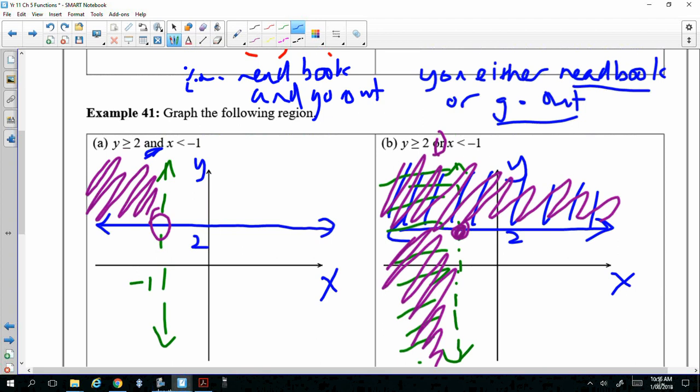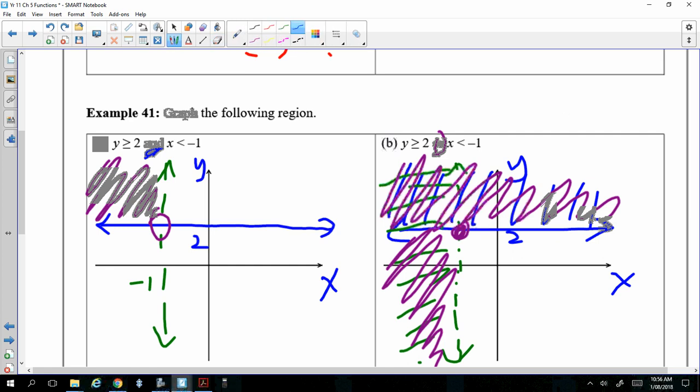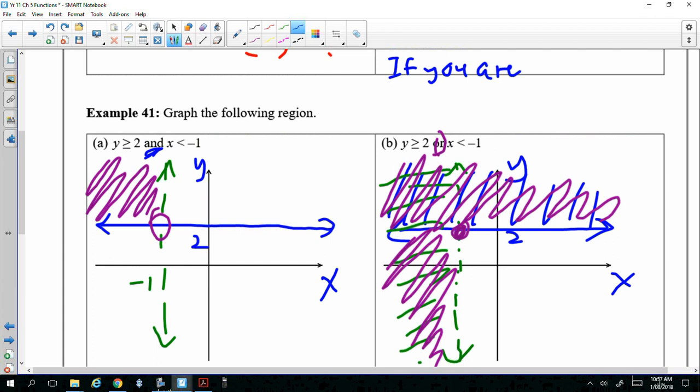All right, let me try another example. Let me try to answer in a different way. Okay, think of it this way.